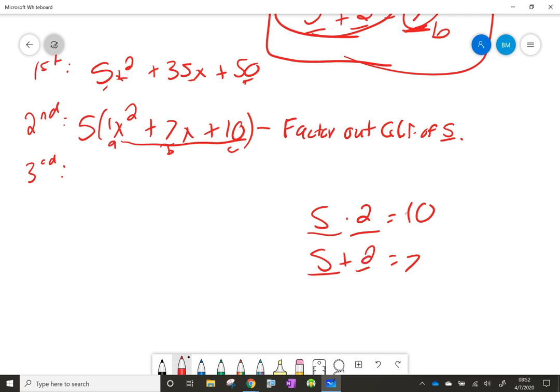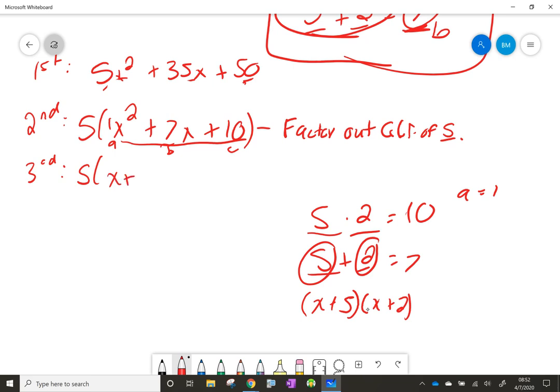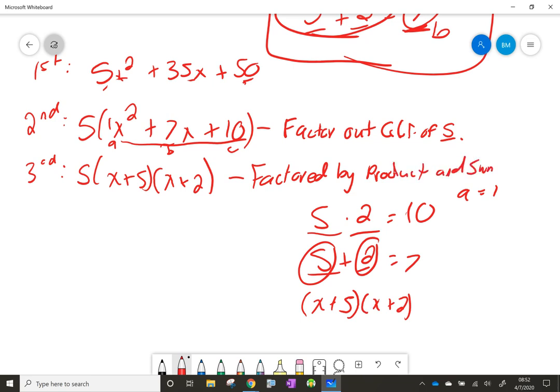Which means, again, since my a value is equal to 1, I can apply my shortcut. And I know this factors into x plus 5, x plus 2, because of the 5 and the 2. So my final factored form would be 5 times (x plus 5)(x plus 2). And as my explanation, I would say factored by product and sum.